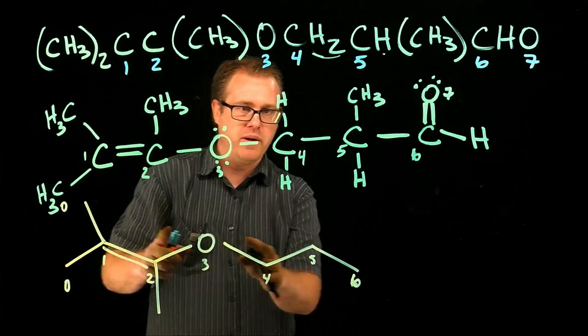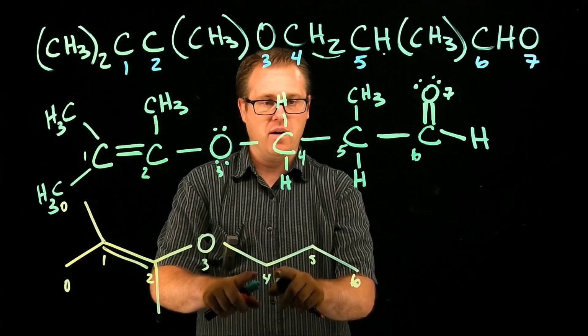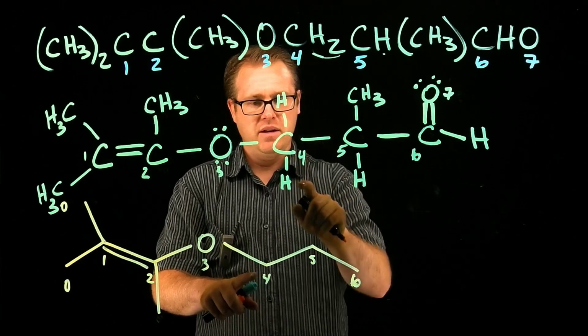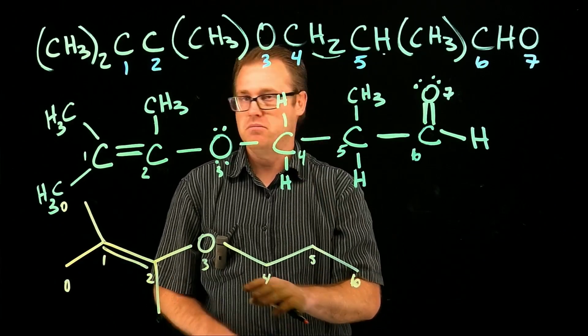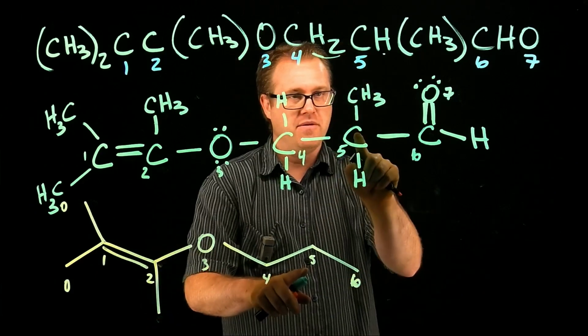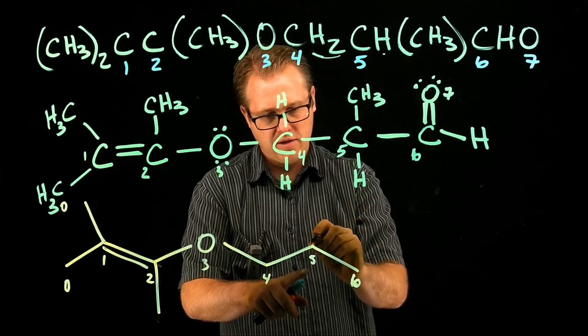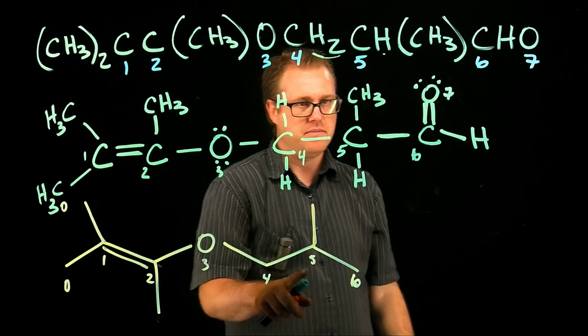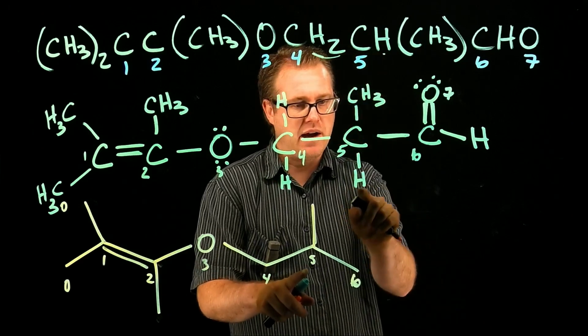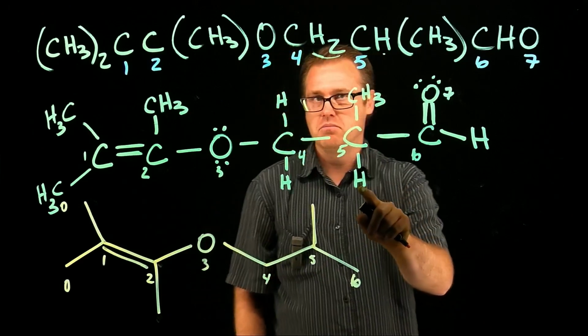And I just keep going down the chain. Okay, this is carbon 4. What's attached to carbon 4? 2 hydrogens. Do I draw them in? Nope. Carbon 5. Carbon 5 has what? A methyl group. So I have to draw a methyl group. Do I draw in this hydrogen on carbon 5? No, I don't.